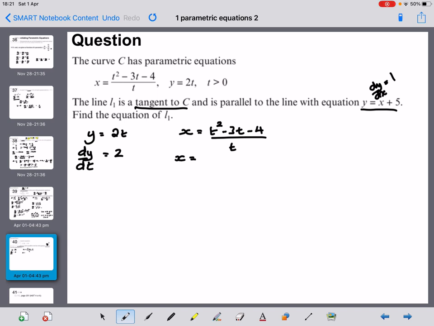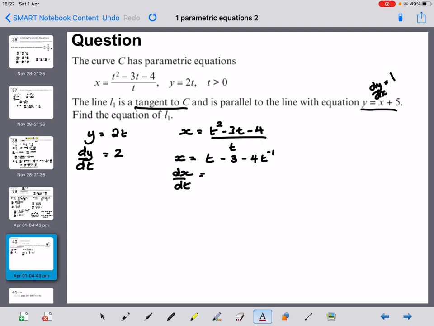So we can say it's t squared over t, which is t, minus 3t over t is minus 3, and then minus 4 over t, or I can write it as minus 4t to the minus 1. So that's just considering 3 different fractions. So split that denominator up. Now we can differentiate it.